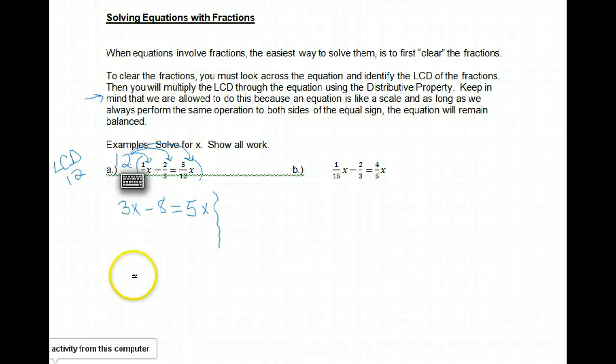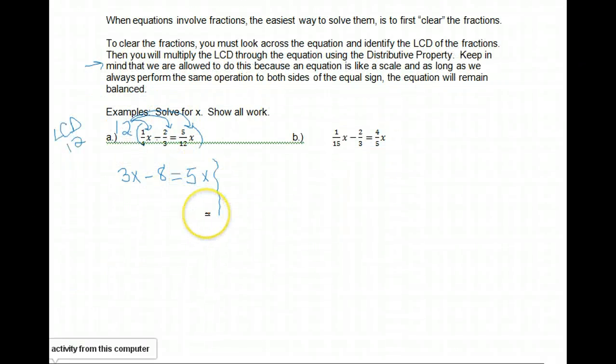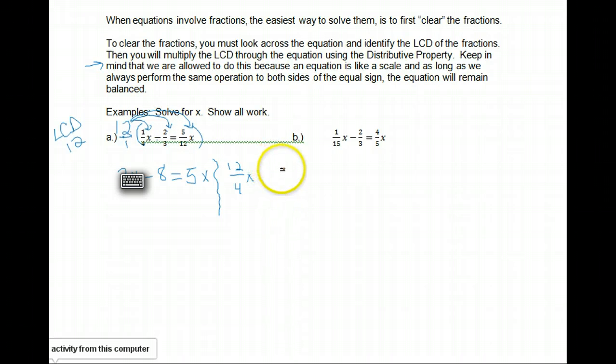So what I mean by that is that we'll think of these like a 12 over 1. So you'll do 12 times 1 is 12, 1 times 4 is 4x. And then we're going to go to the 2/3. 12 times negative 2 is negative 24. 1 times 3 is 3.